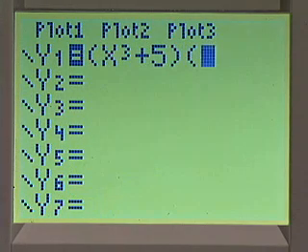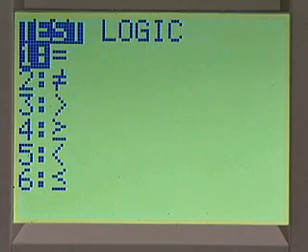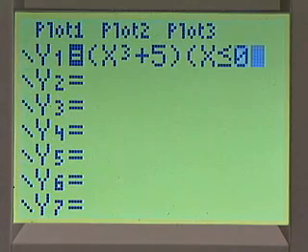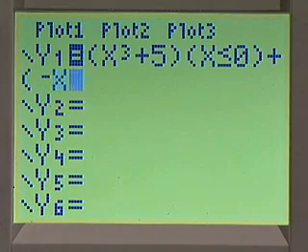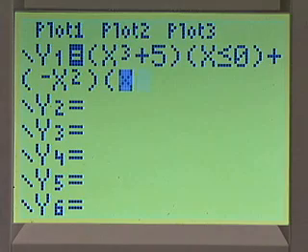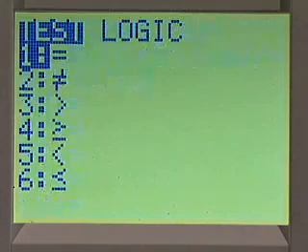I can use a multiplication here, times x less than or equal to 0, close parentheses, and we put a plus sign, and then put the second piece in. So you could actually include all of the pieces of your function in one y equals just by putting plus signs in between each of the separate parts.